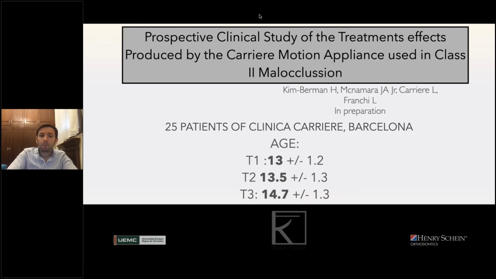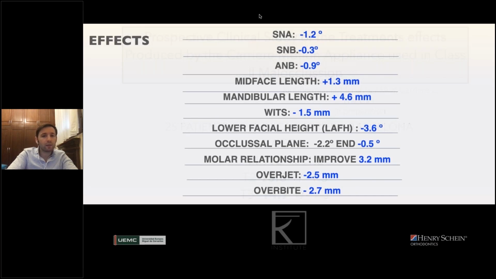After that, we had the possibility to see the research that Dr. McNamara made, and it was very good for me to read this article, because it helped me to understand what is happening also in the craniofacial complex.